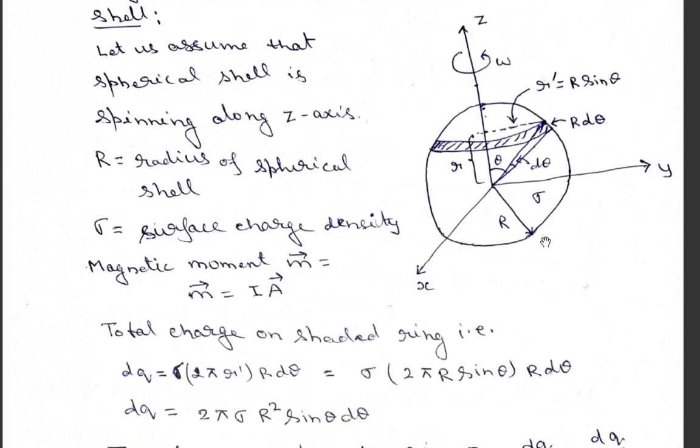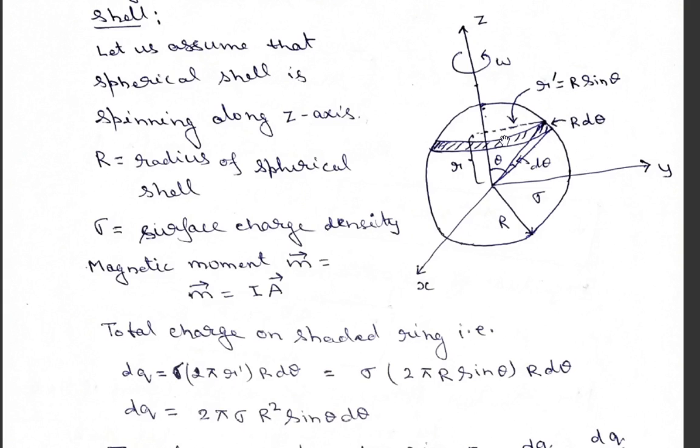So let us try to find out the total charge on the spherical shaded ring, that is the circular ring of thickness r d theta. We know that total charge is equal to surface charge density multiplied by the surface area. Here this is a circular ring, so surface charge density will be uniform, so sigma will be the surface charge density on the ring also, that is sigma into the surface area of the circular ring of thickness r d theta.